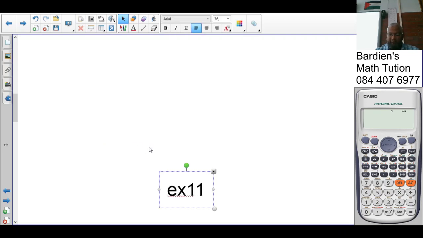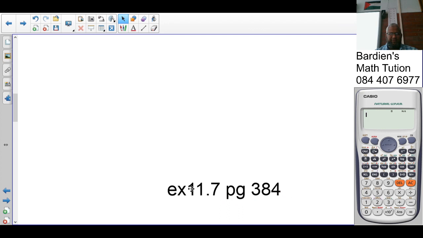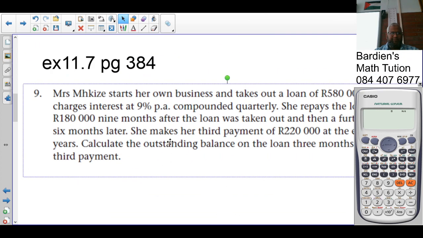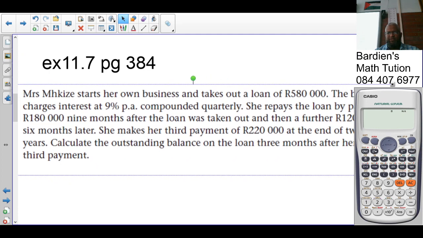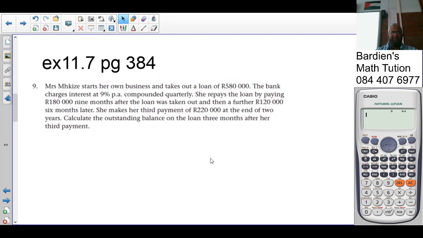This is exercise 11.7. This on page 384. Okay. So out of exercise 11.7 also, the even numbers I want you guys to do for Monday.